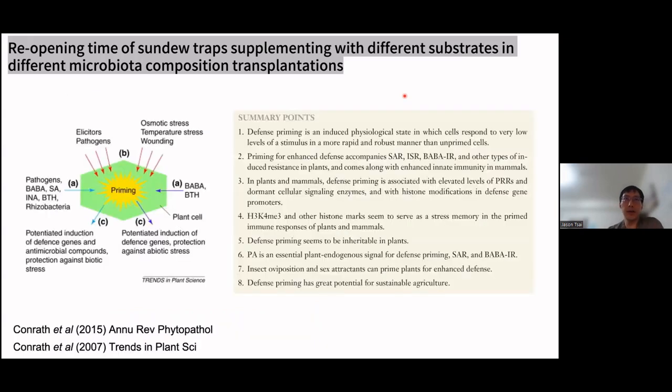Let's take a step back from the excitement. One counter-argument to our findings could be that the faster reopening time of Drosera traps is really not a direct effect of Aquadontium, but instead reflects a so-called primed physiological state of the plant.